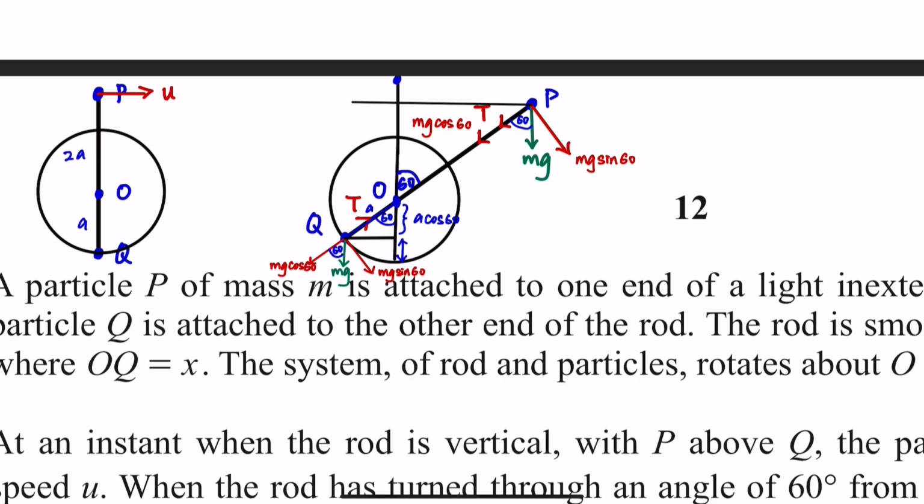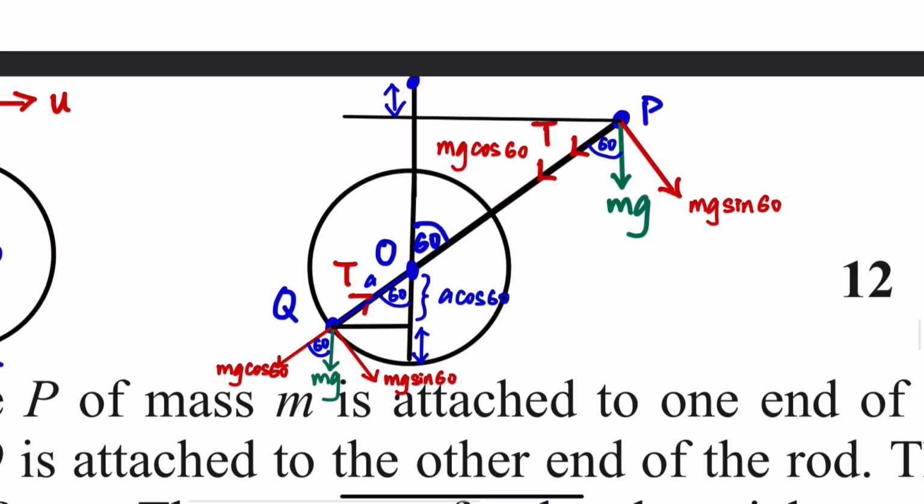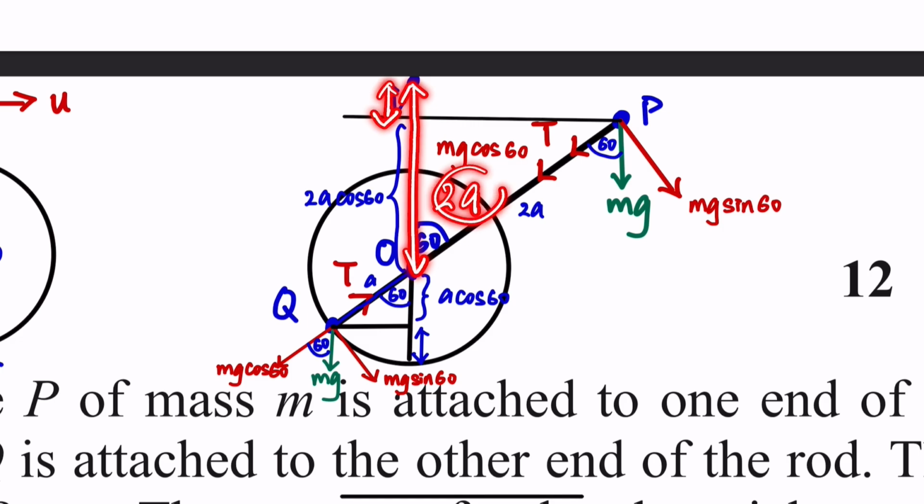So this is the height that we want to find, and the length here is 2a. So this is 60 degrees. So this length would be 2a cos 60. So the height here would just be 2a minus 2a cos 60.